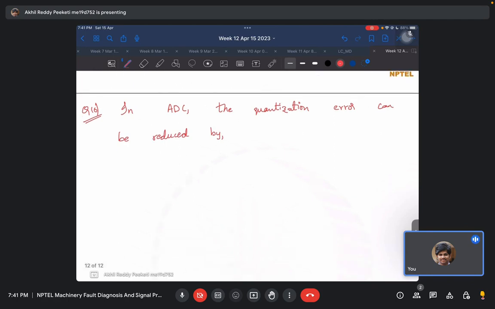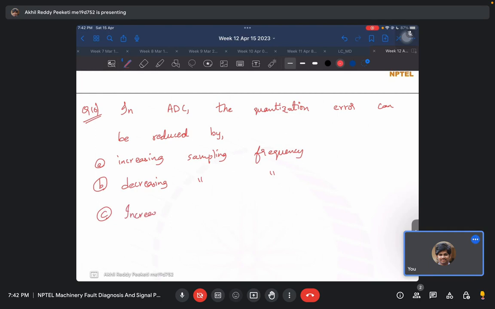In an analog to digital converting system, the quantization error can be reduced by option A, increasing sampling frequency; B, decreasing sampling frequency; C, increasing number of bits; D, decreasing number of bits.